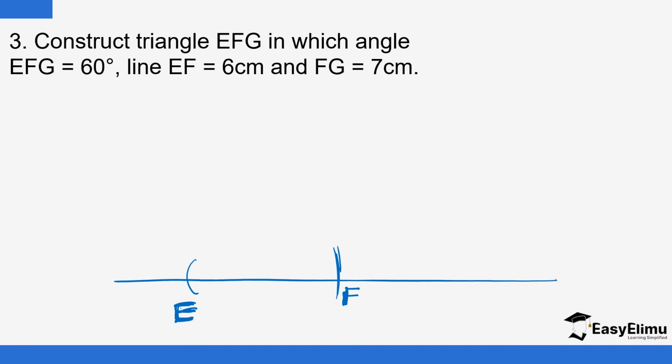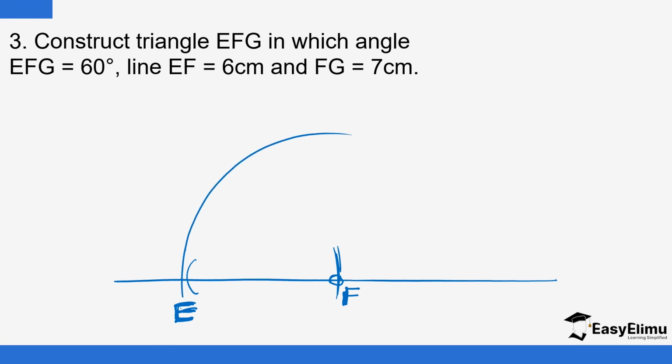So let me start by constructing the angle EFG. So it means the angle is constructed at F. So 60 degrees. So I will use F as the center and make an arc this way.